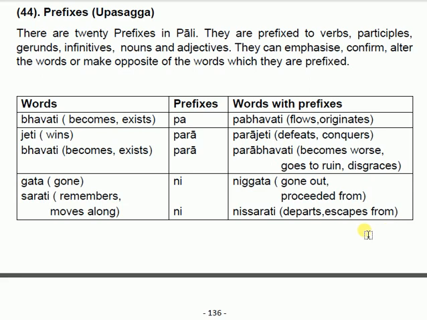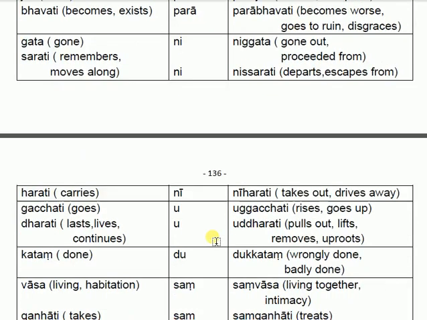So for each prefix here we saw only one or two examples. There are so many. When you read books, you will meet them, and you can use a dictionary to find the meaning. So I just showed you how prefixes work in the Pali language.